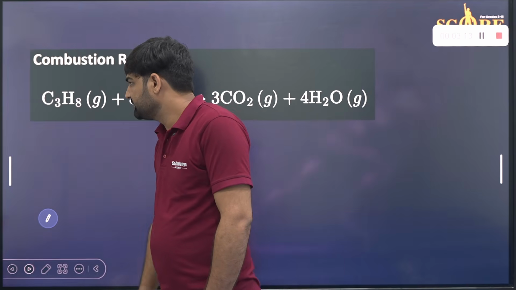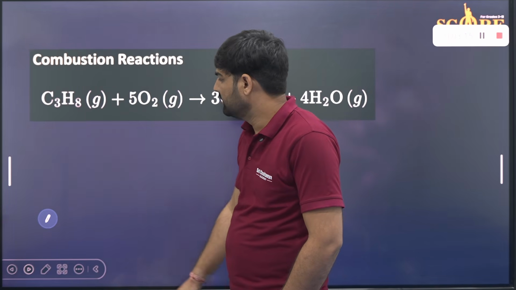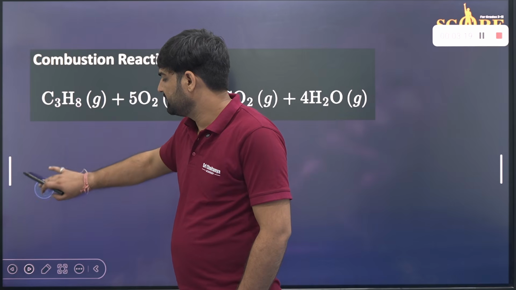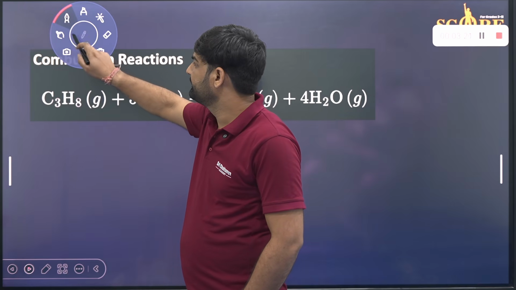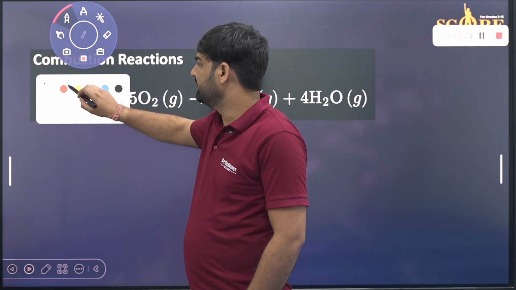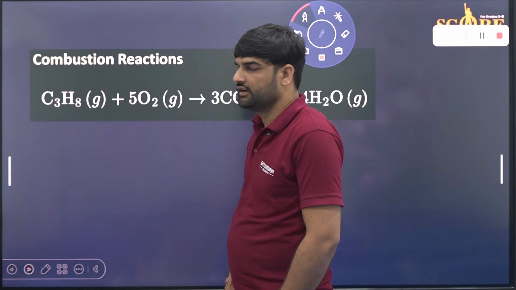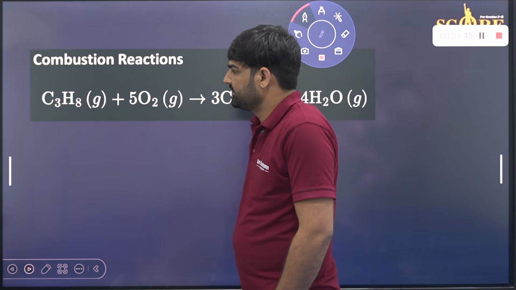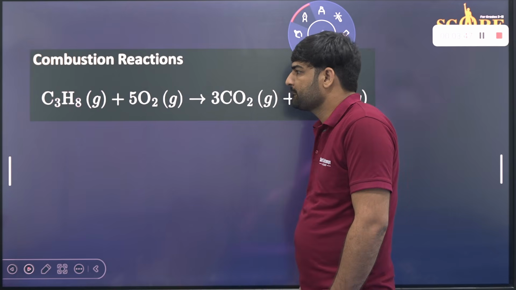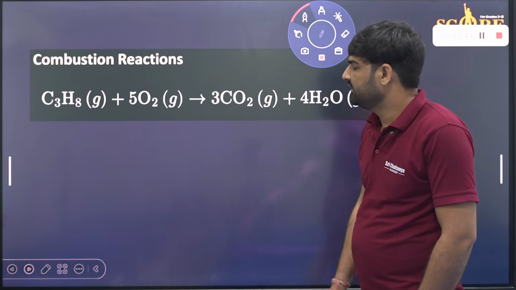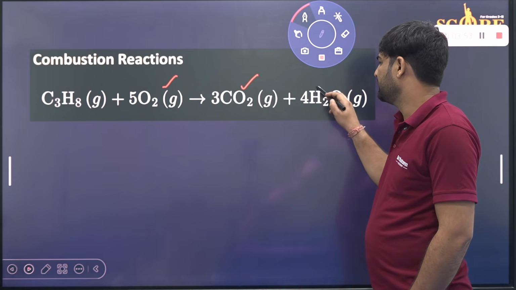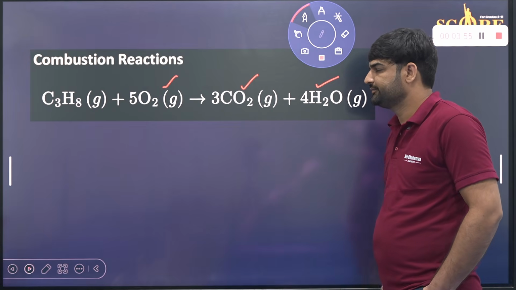Next is combustion reaction. What is meant by combustion? The basic meaning of combustion is that we have to burn a compound in excess of oxygen, for example C3H8. Propane is burnt in excess of oxygen, then carbon converts into CO2, hydrogen converts into H2O.